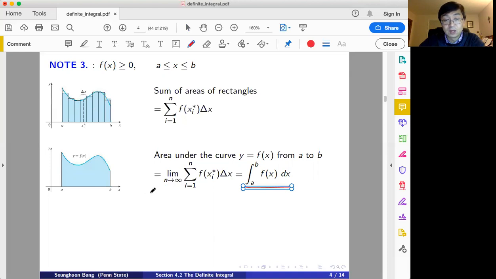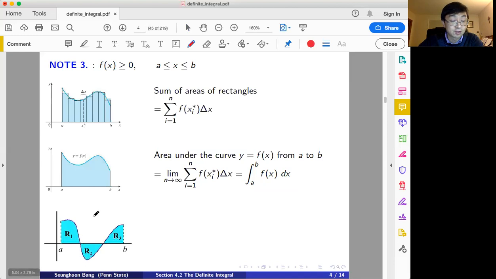The geometric meaning of the definite integral is the area under the curve y equals f of x from a to b, if the function f of x is above the x-axis. Now we think about a general function. The graph of y equals f of x is above the x-axis and below the x-axis.